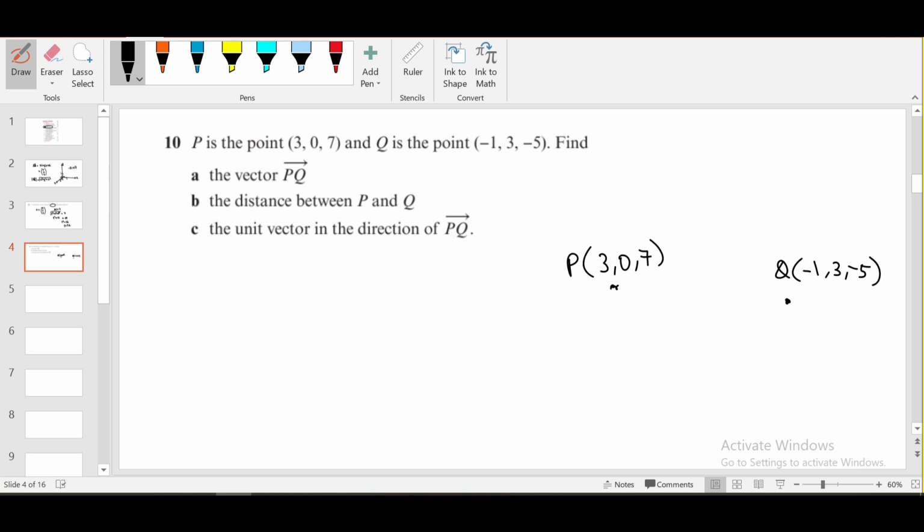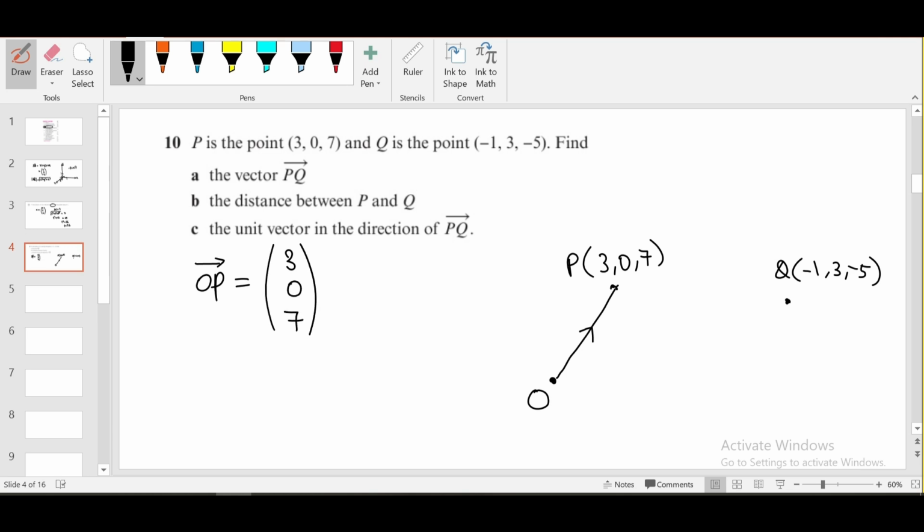Okay. They want you to find the PQ vector. Let's say your origin is somewhere here. This OP vector, using the point, you can write as 3i plus 0j plus 7k.